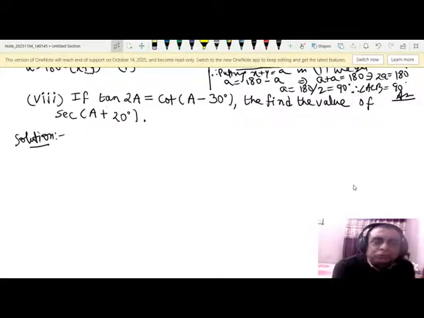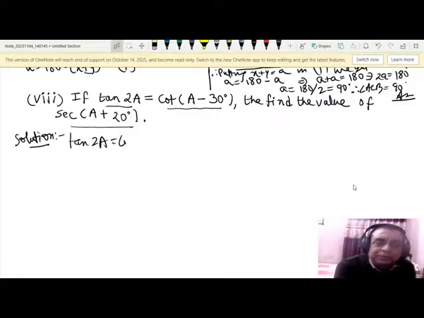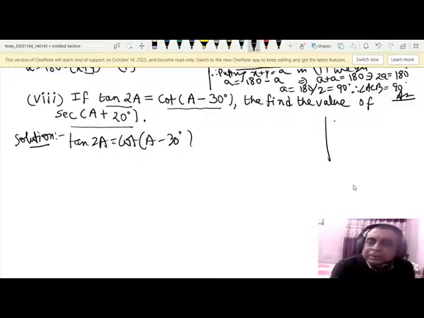If tan 2A value is same as cot (A minus 30 degree), find the value of sec (A plus 20). Now we are given in the question tan 2A value is same as cot (A minus 30 degree). Now we know this thing, tan (90 minus theta) value is equal to cot theta.